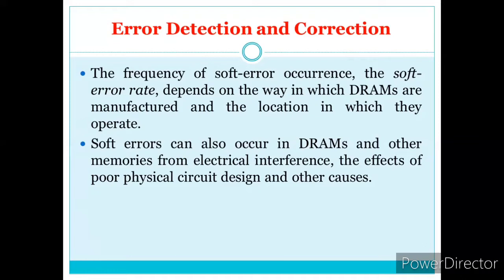Why electrical interference? It is connected with the many wires there, and due to that there may be certain delays, which may cause a soft error. There is also the effect of poor physical circuit design and other causes. These are some of the important causes due to which a soft error may occur in a DRAM.